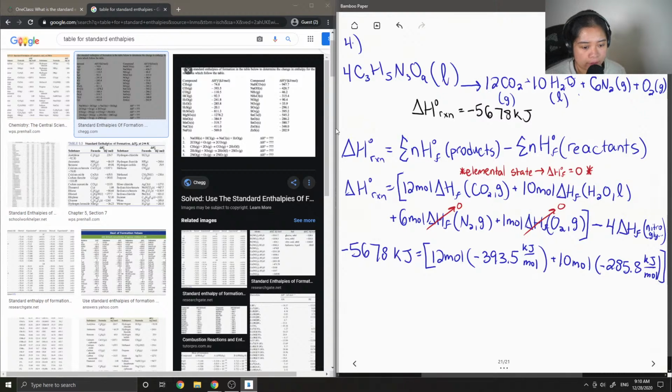Okay, so that whole thing is subtracted by 4 times our unknown, which is the delta H of formation of nitroglycerin. Okay, so now we just have to simplify this and solve for our unknown.